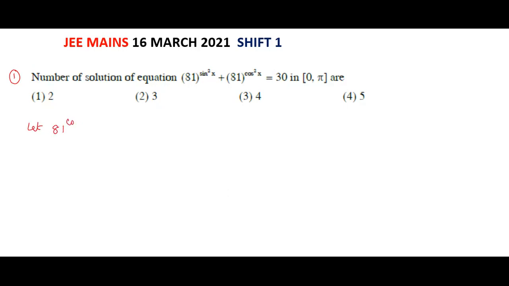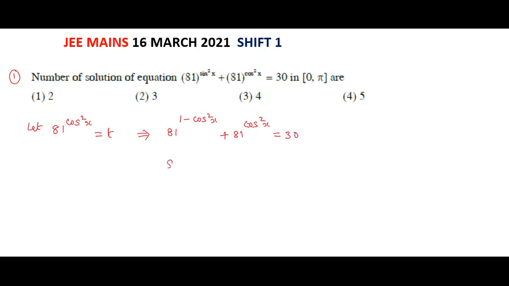Let 81 power cos square x be t. Substitute here: 81 power 1 minus cos square x plus 81 power cos square x is equal to 30.